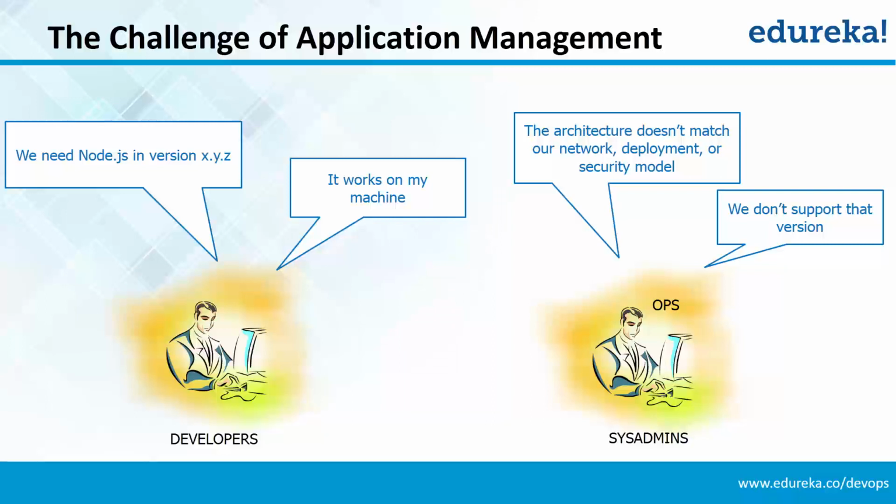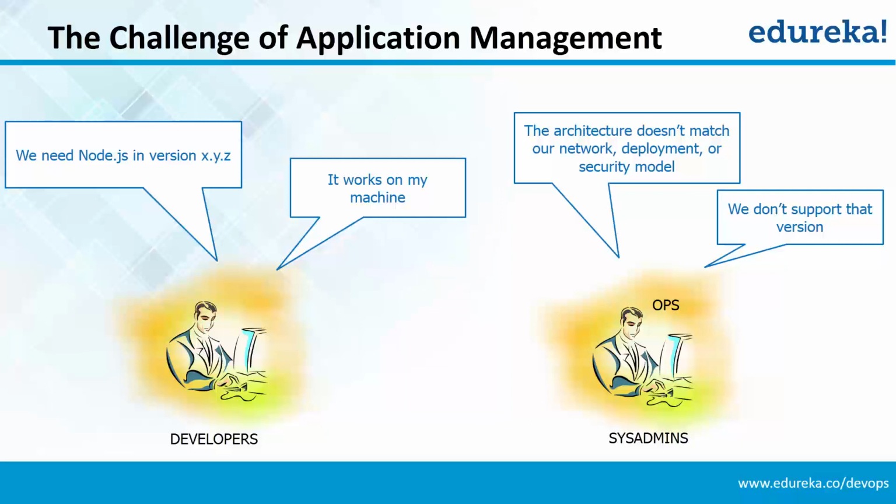This application gets deployed on a certain machine, and almost invariably, that code never works on a different machine. And the first thing a developer says is, it works just fine on my machine.